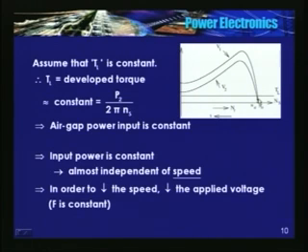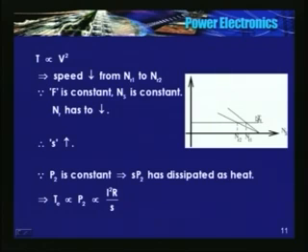Now if I expand this region, it looks like this. I have exaggerated it. Initially it is operating at NR1. When I tried to reduce the voltage, it started operating at NR2. Ns, the synchronous speed, is constant here.